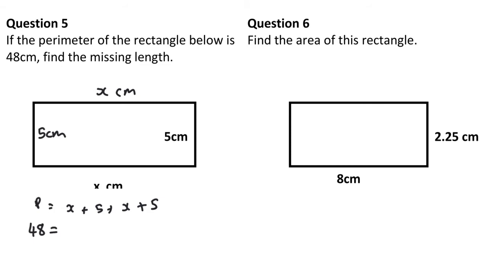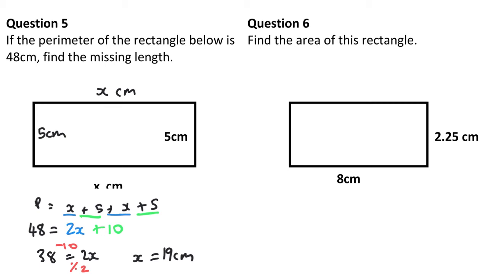And we know that if we've got an x and another x, they combine together to give 2x, and we've got plus 5 plus another 5, so that's plus 10. So we've got an equation 2x plus 10 equals 48, and if we take away 10 from both sides, we get 38 equals 2x, and then if we divide by 2, we get what 1x is, and x is going to be 19 centimetres.